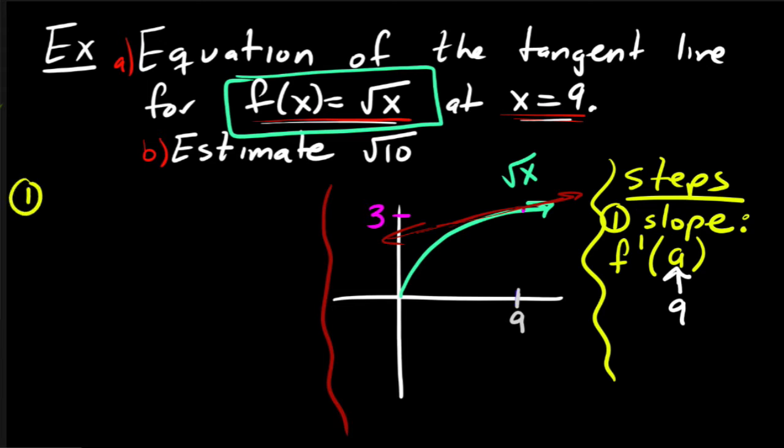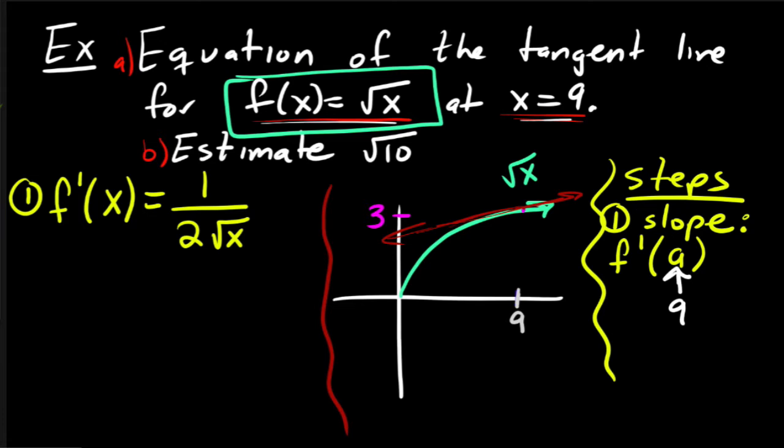Okay, so step 1, find the slope. To find the slope, or the derivative at 9, I need to first find the actual derivative. The derivative of square root of x, I've done this one a couple times now, is just 1 over 2 square root of x by using the power rule.